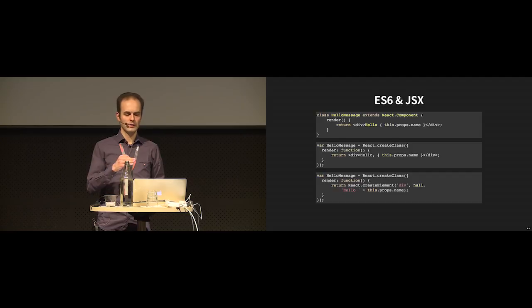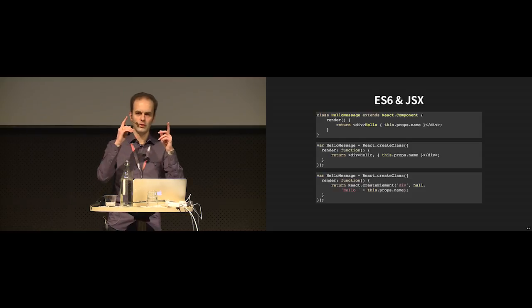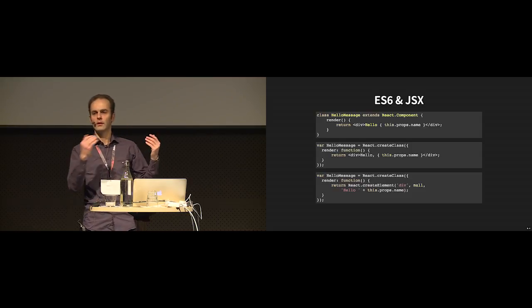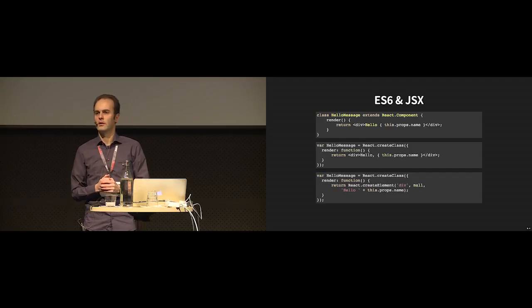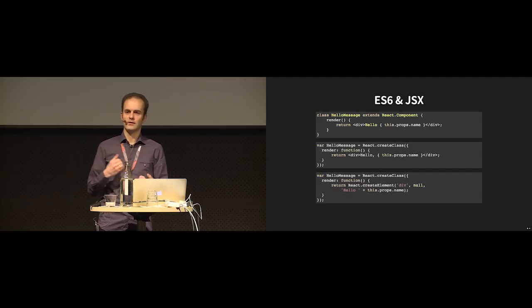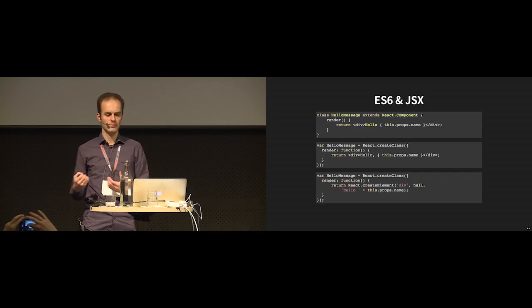I do like the ES6 and JSX combination, however, because it gives a much shorter code. To me, it's way easier to understand what the uppermost sample does than trying to interpret what the lowest example does. There's a lot less incidental detail in there. It just declares what I want to do instead of specifying how it exactly needs to be done.